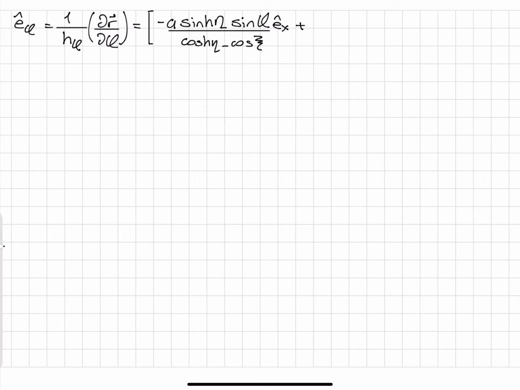Then I have plus a sine hyperbolic eta sine turned into a cosine, cosine phi divided by cosine hyperbolic eta minus cosine psi, and this is multiplied by 1 over h phi.